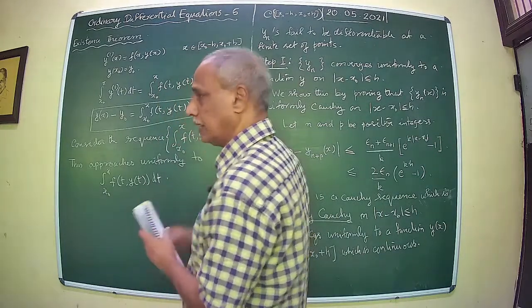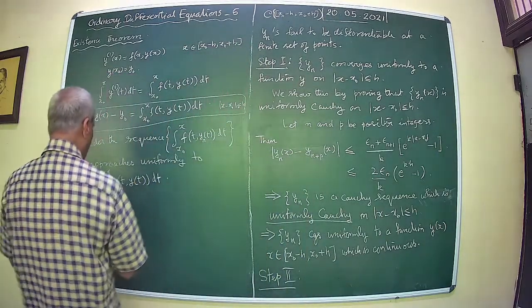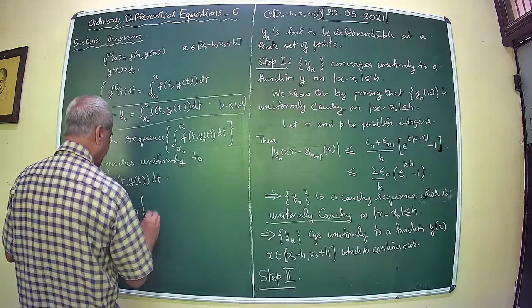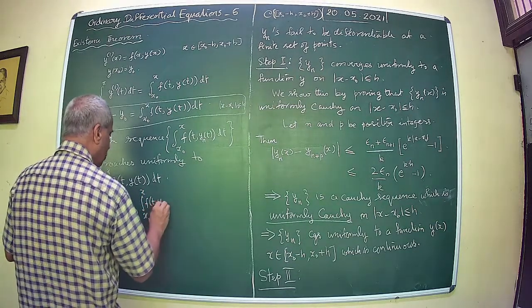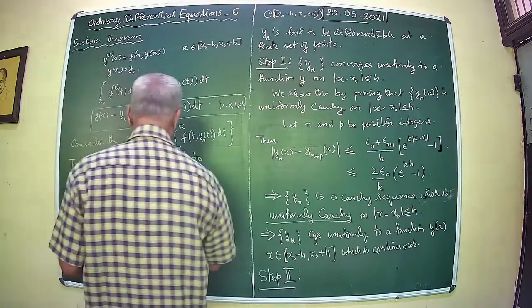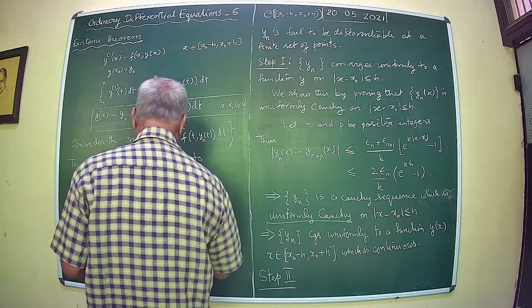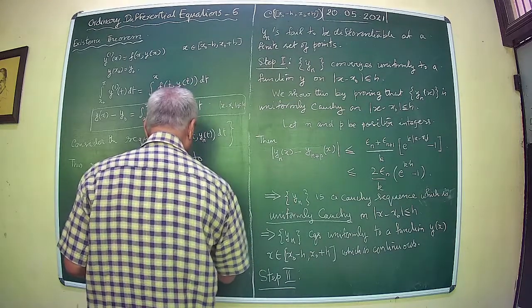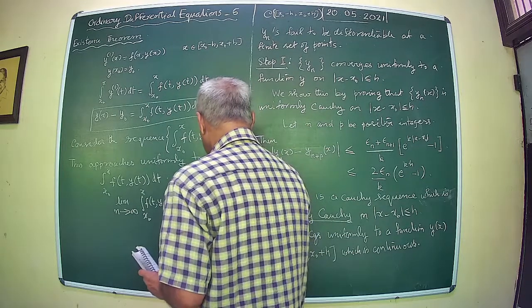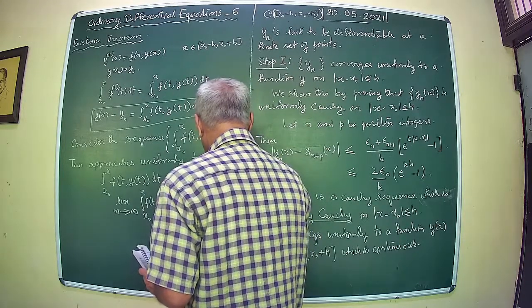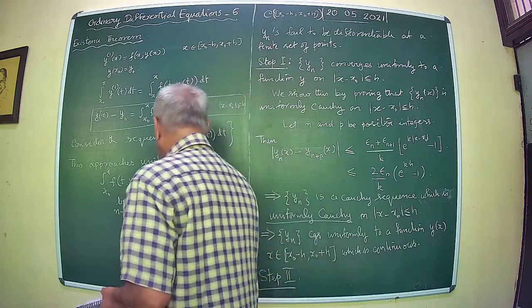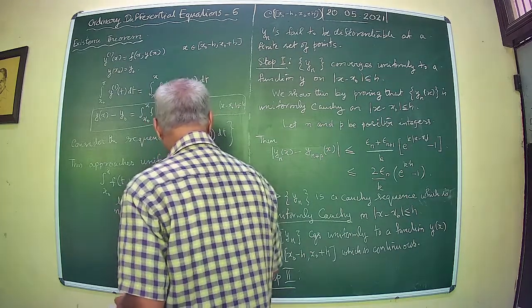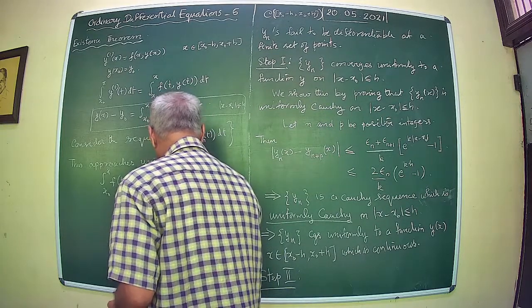What is the problem here? What you are writing is the following: the limit as n tends to infinity of the integral from x0 to x of f(t, y_n(t)) dt is equal to the integral from x0 to x of the limit as n tends to infinity of f(t, y_n(t)) dt, and we want to write this as f of t, limit.